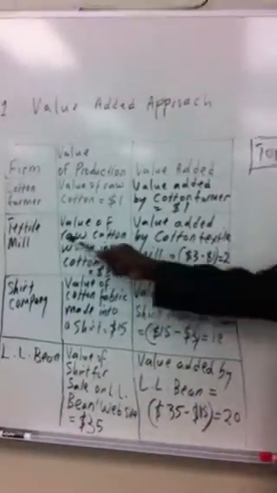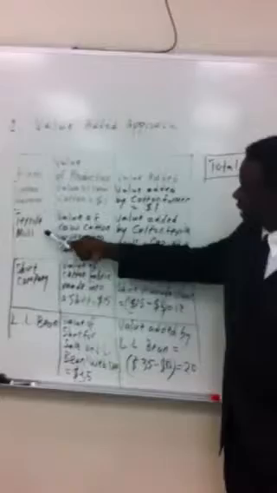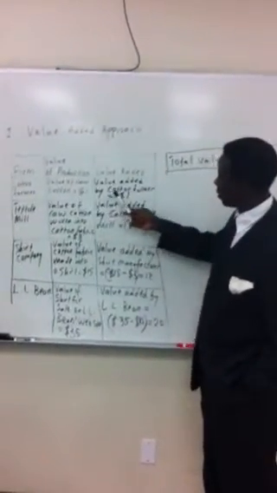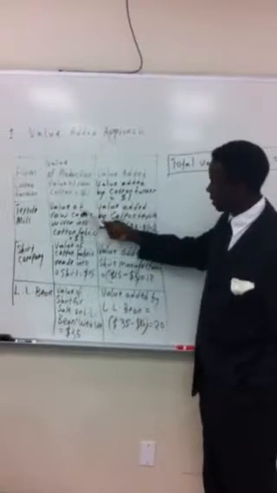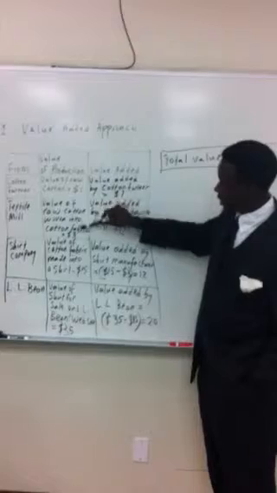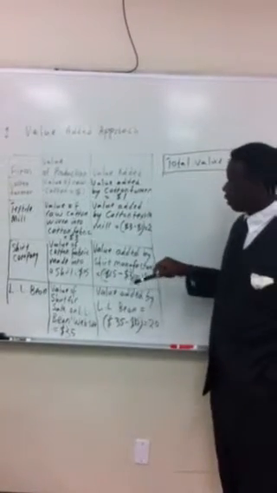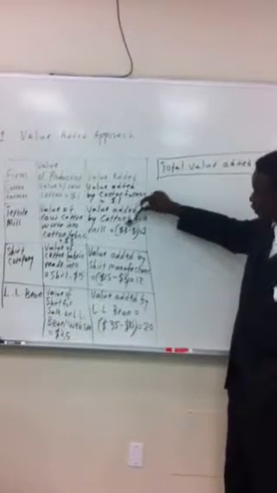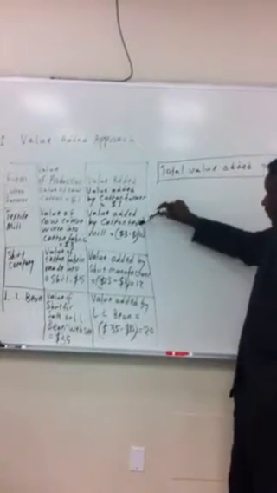Okay. Now, the textile mill bought the raw cotton from the cotton farmer. So the value of raw cotton woven into cotton fabric is $3. So the value added by the cotton textile mill is $3 minus 1, which is equal to 2.